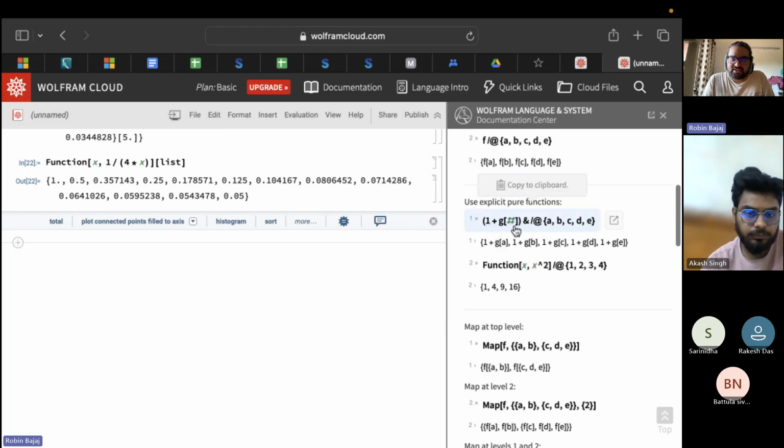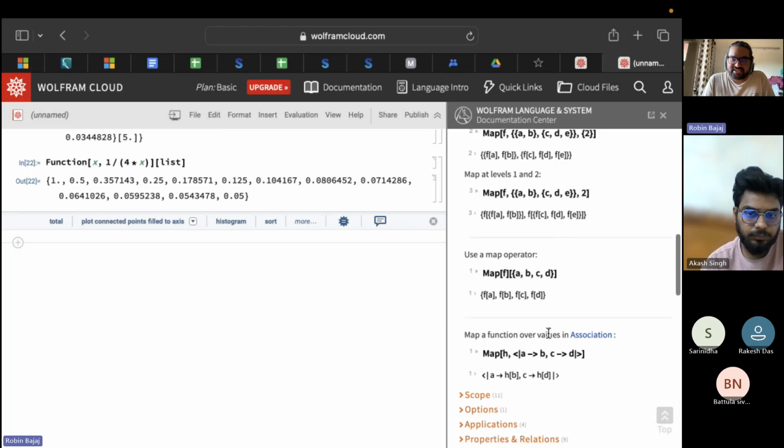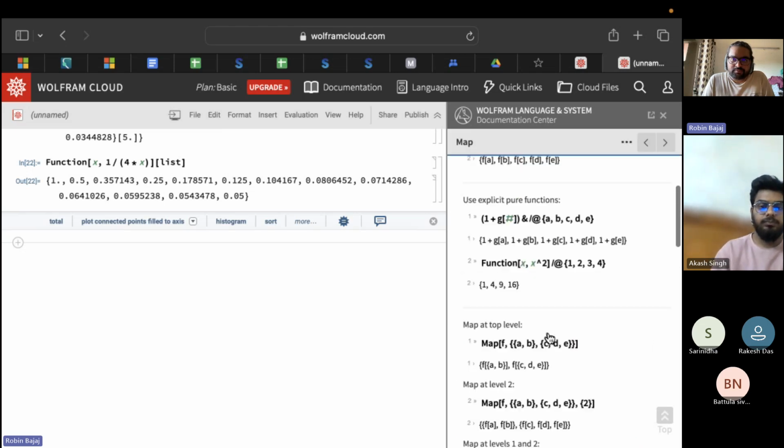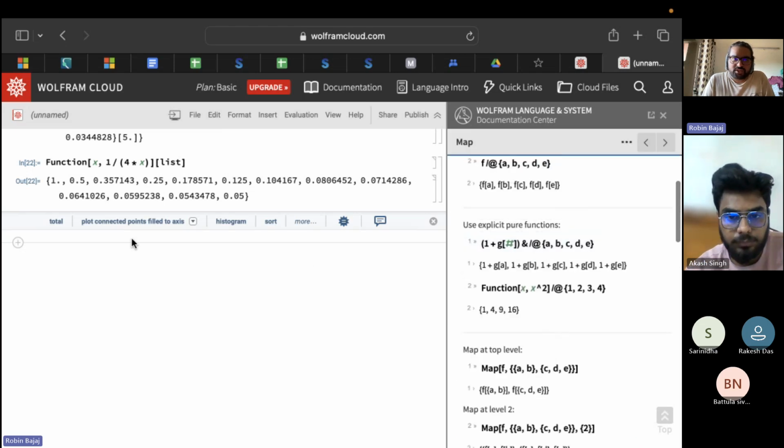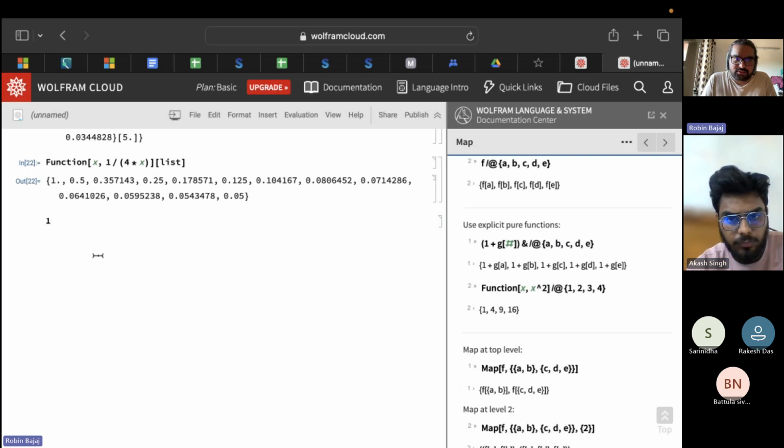You define the explicit function first, and then you map it to the list. Let's try this. So I will define the function as 1 plus, and in place of x, I would use the hash, sort of hashtag kind of thing.